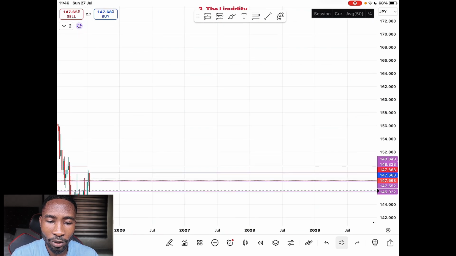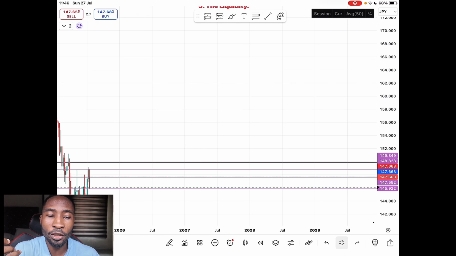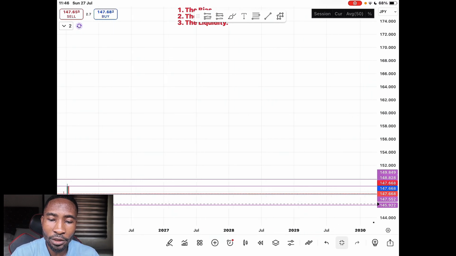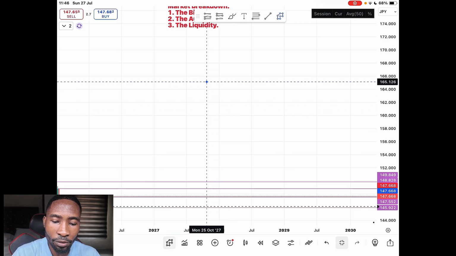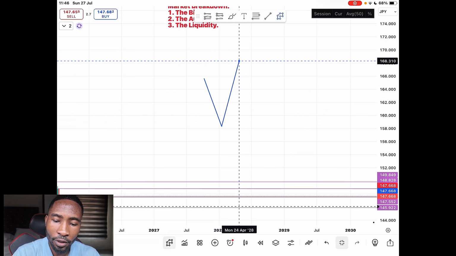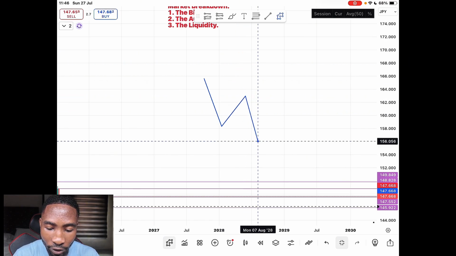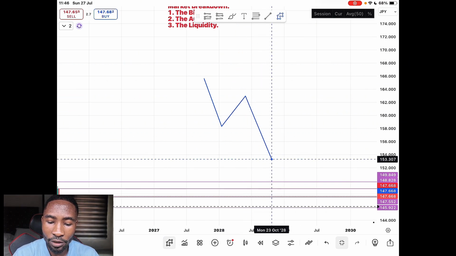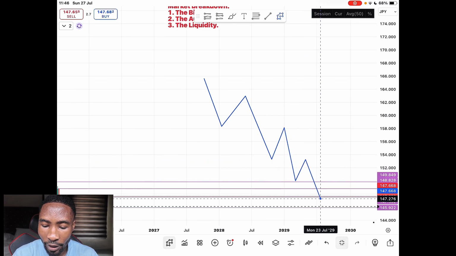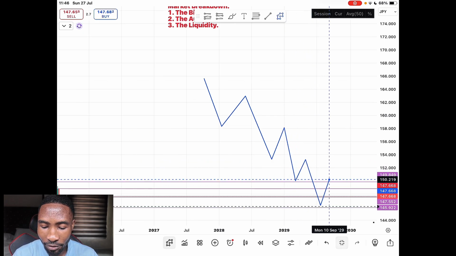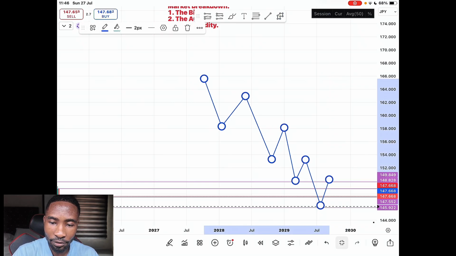What is bias in the market? Bias is just strictly knowing the direction of the market, or knowing the condition of the market. Is the market trending, whether it is selling or buying? Or is the market consolidating?